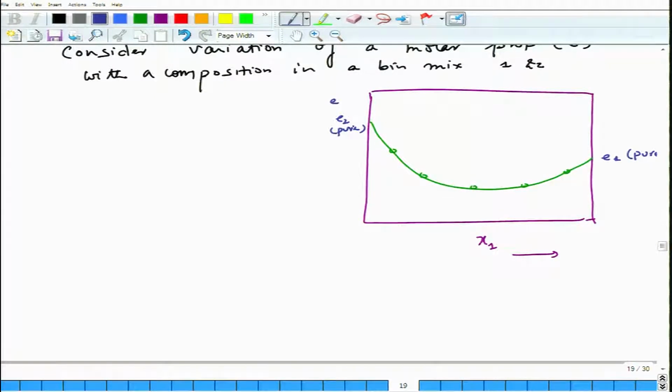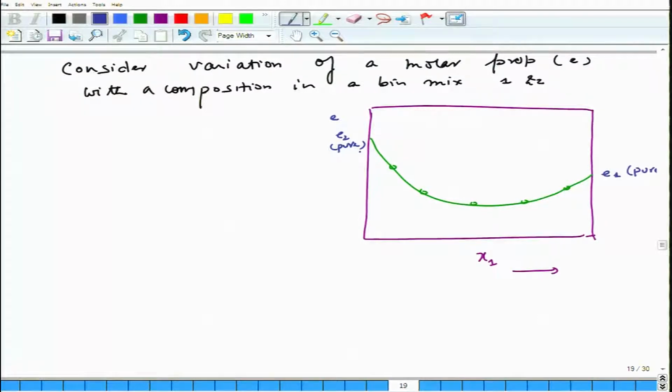Okay. Now, but our interest is to find out the partial molar properties. So, let me just start with again the definition. The way we have written E mix is E minus summation Ni Ei. Okay, that is by definition which we have written. E is a molar property of component i.